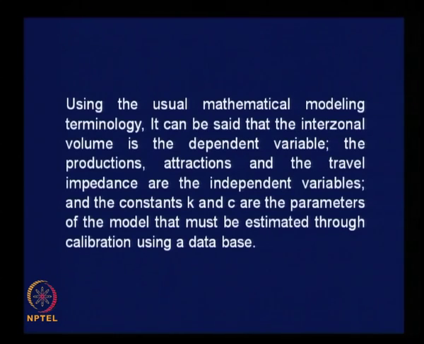Let us say we are trying to calibrate a trip distribution model for base year condition. In the base year you will have information about the actual trip distribution between zonal pairs that can be collected, and it is possible to get Tij values for your study area, and Pi Aj values also will be known to you.